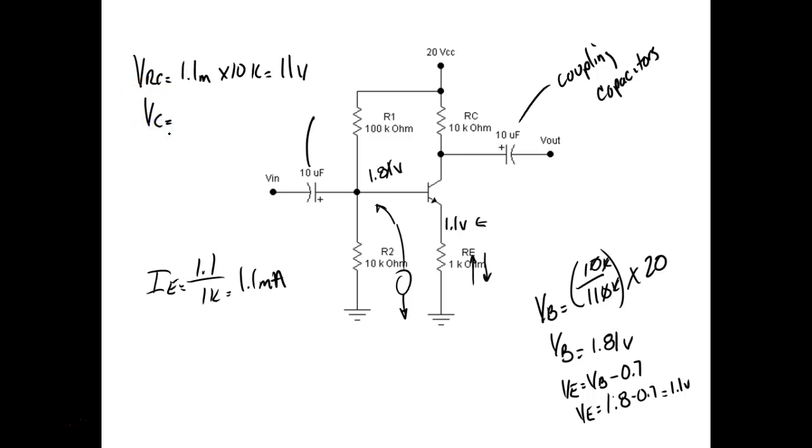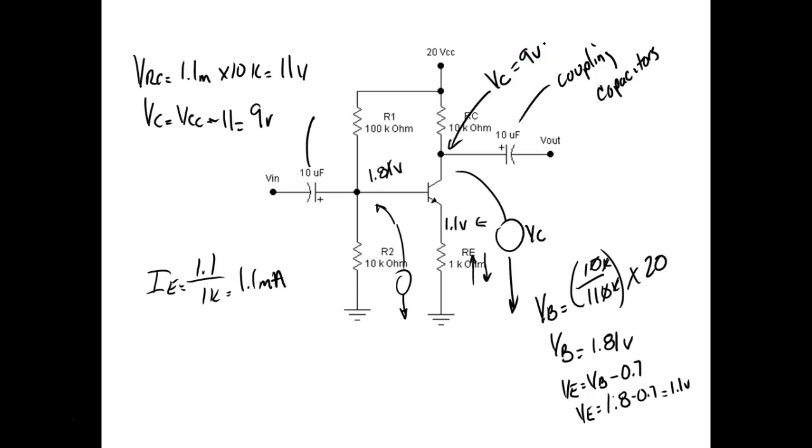Well, here we're going to use Kirchhoff's law. We're going to say VC would be equal to VCC minus 11, because this is where we're measuring this, right? So this is VC right here. So what would that give us? 9 volts. So VC is sitting up there, and it's going to equal 9 volts.